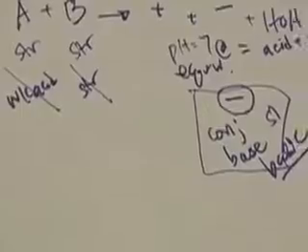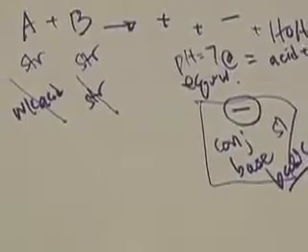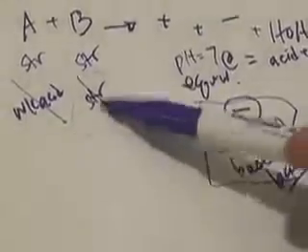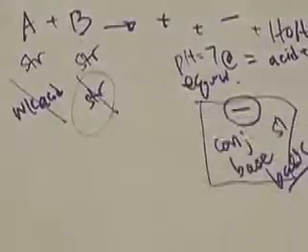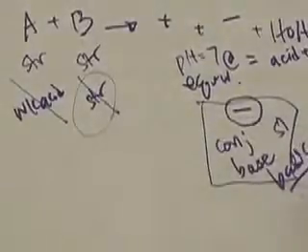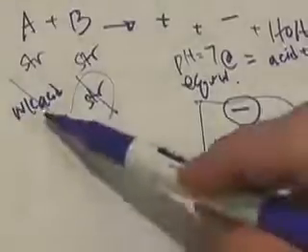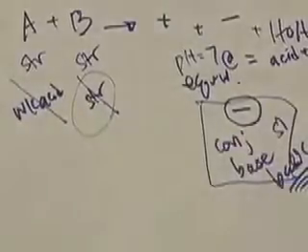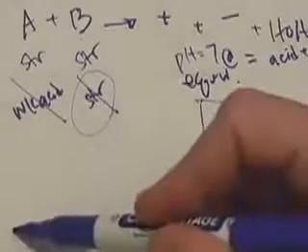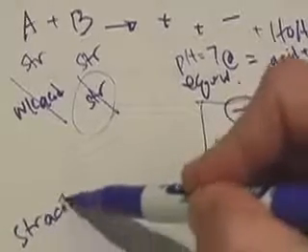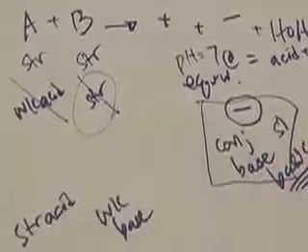A lot of people think, oh, because you have a strong base, it's going to be a little bit basic at the equivalence point. That's not really the reason. The reason it's slightly basic is because the weak acid has formed its conjugate base, which gives you a little more OH-.